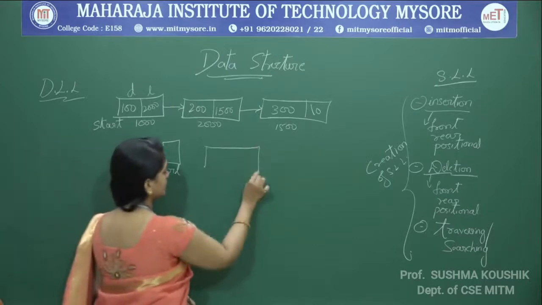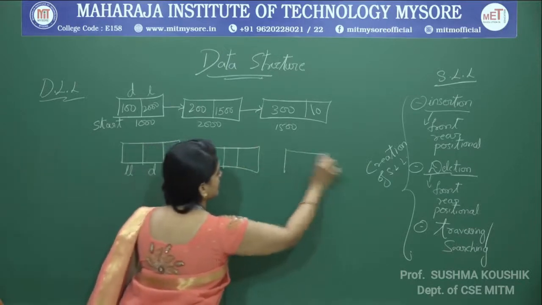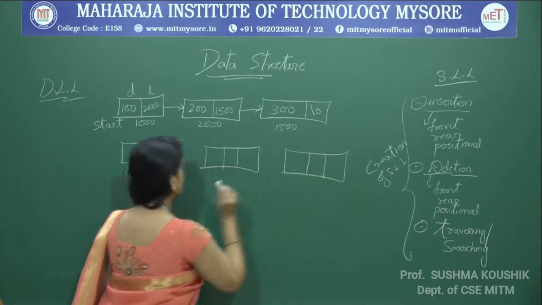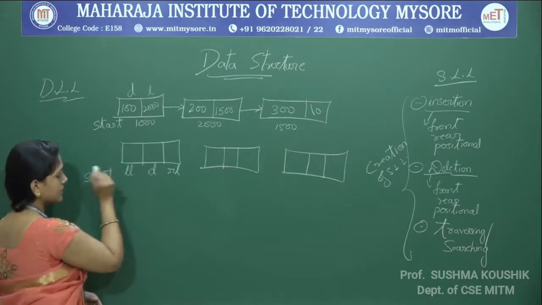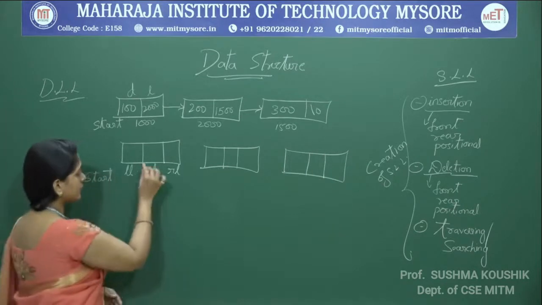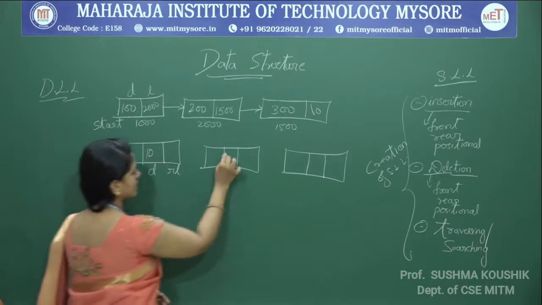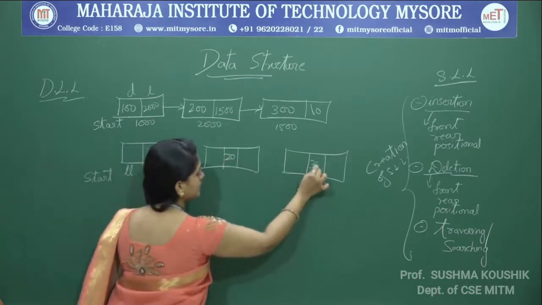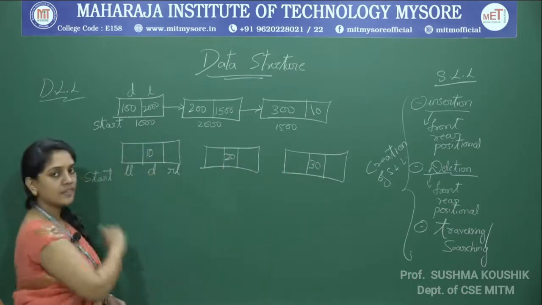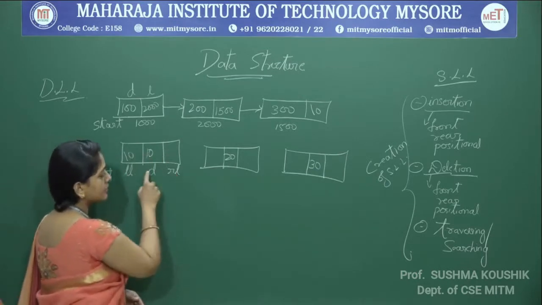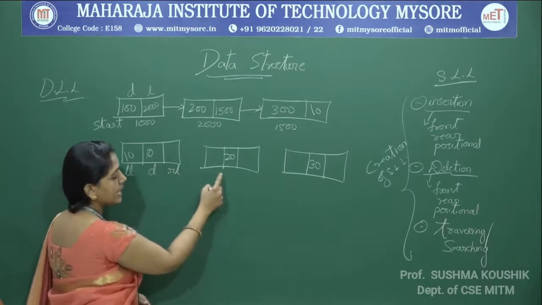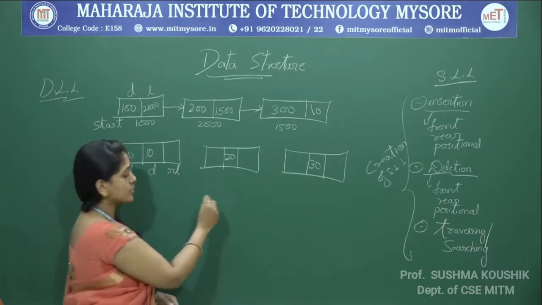Similarly, if this linked list consists of three nodes and the starting pointer is held by start, in the data field we can have some values like 10, 20, 30. The first node's left link will always be null and the first node's right link will be the address of the next node.